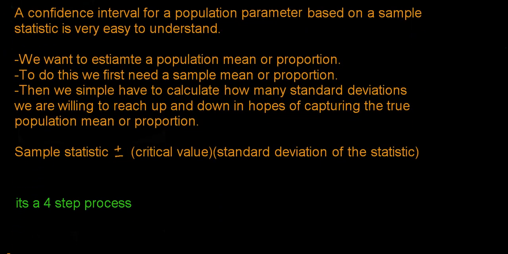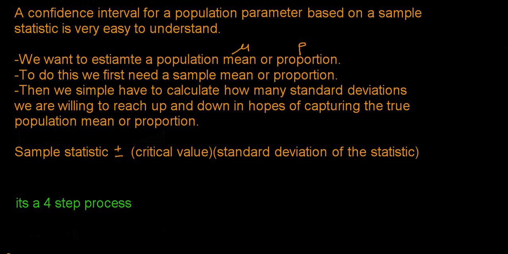So let's make sure we truly understand what a confidence interval is for. A confidence interval for a population parameter based on a sample statistic is very easy to understand. First, we want to estimate a population mean, mu, or a population proportion, p. So always think about the fact that we're using a confidence interval to try to find the true population parameter, which is a mean mu or a proportion p.